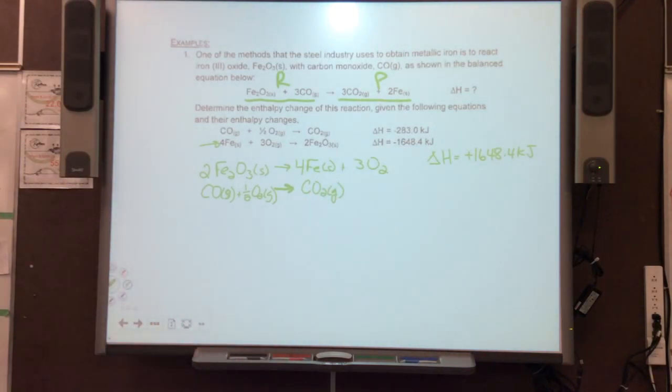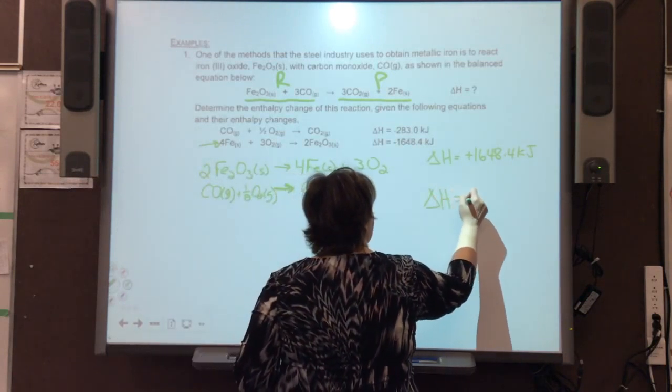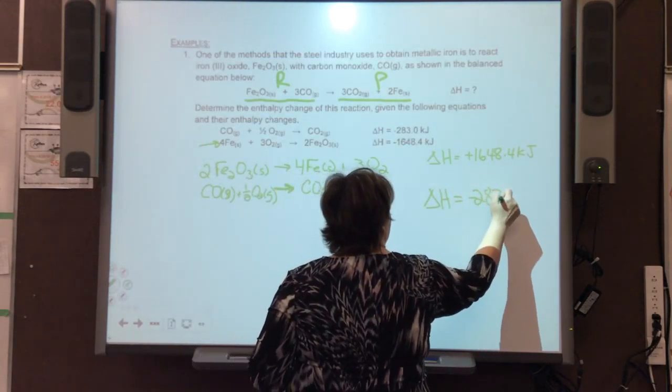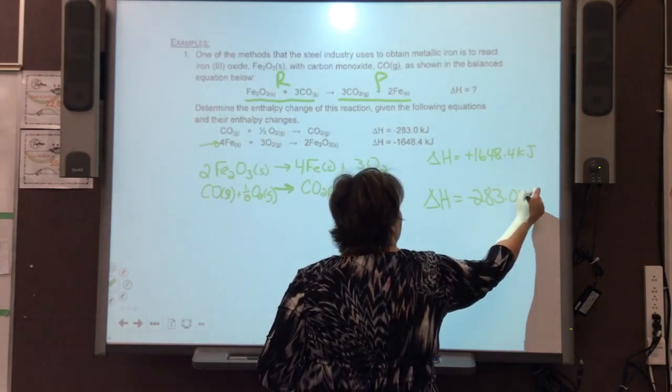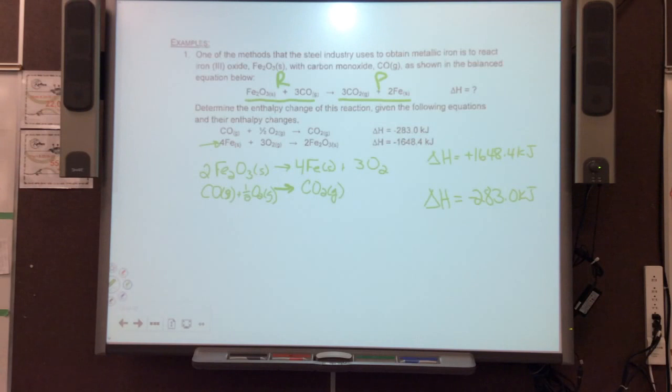You to look at our enthalpy. We didn't change this reaction around, so we're going to leave this as negative 283.0 kilojoules. Okay, that's the first step, is to line things up. Now, what is it that we want? We want 1 iron 3 oxide, and we want 3 carbon monoxides.